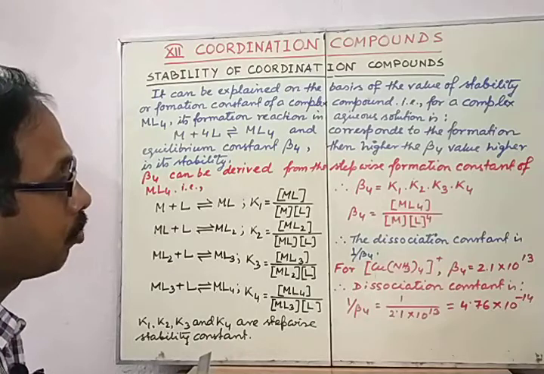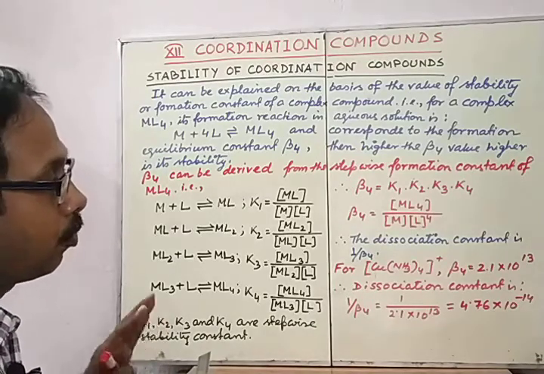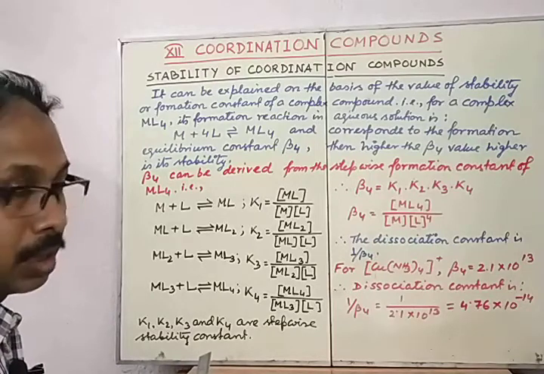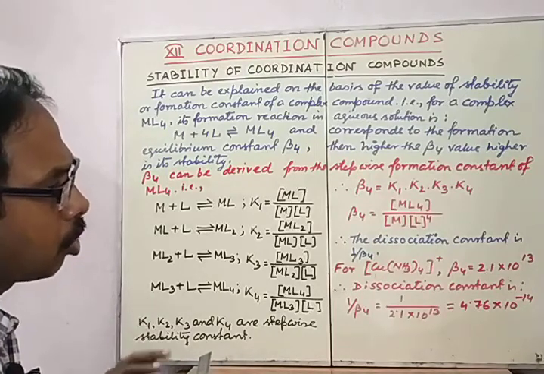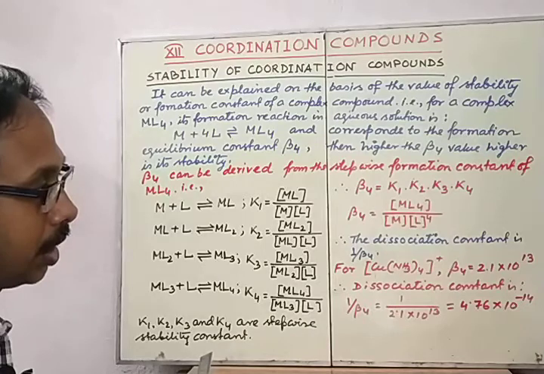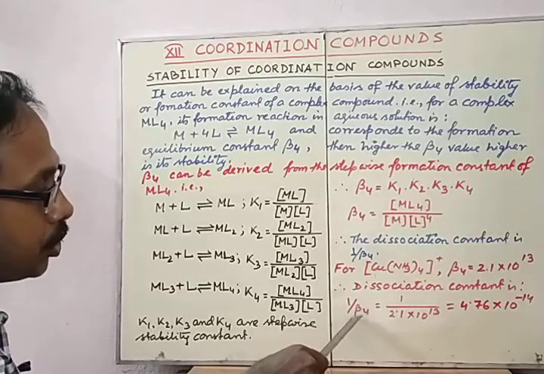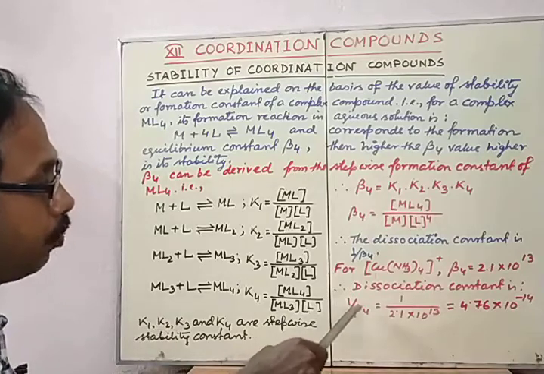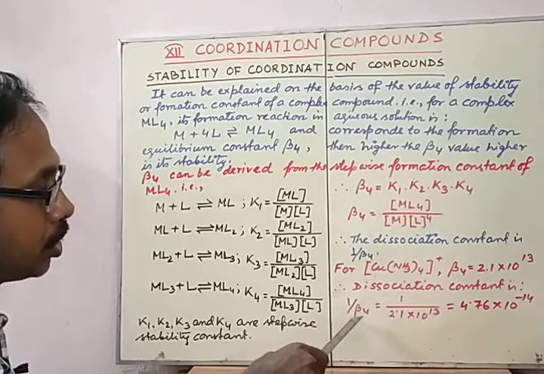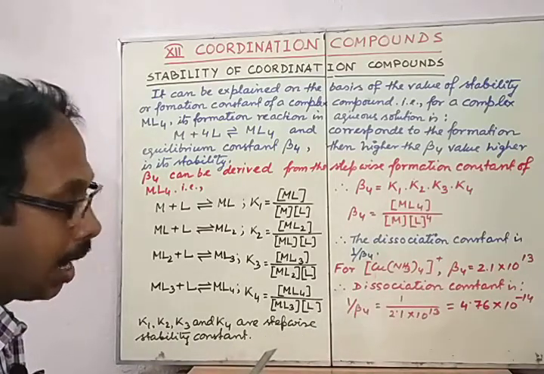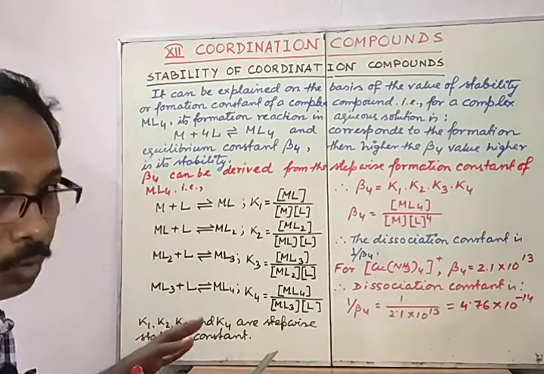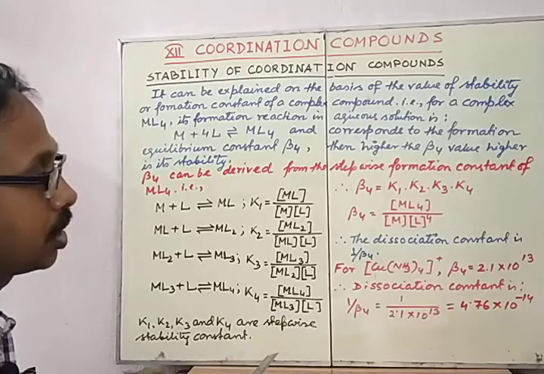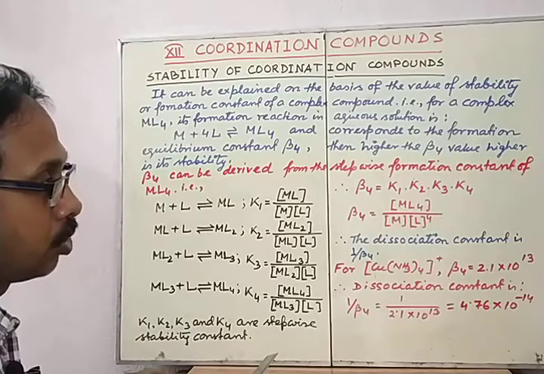On the contrary, the higher the value of 1 by beta 4, the more easily the complex is dissociated. That means if beta 4 is higher, 1 by beta 4 will be lower, and if beta 4 is lower, 1 by beta 4 is higher. If 1 by beta 4 is higher, the complex is more easily dissociated in the aqueous solution.